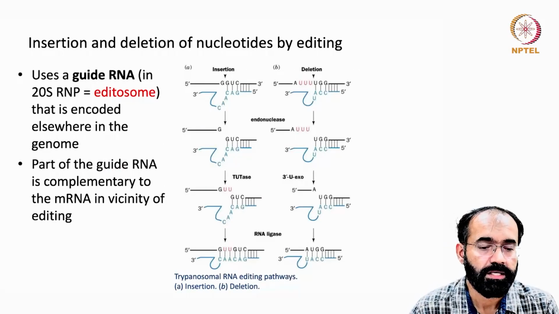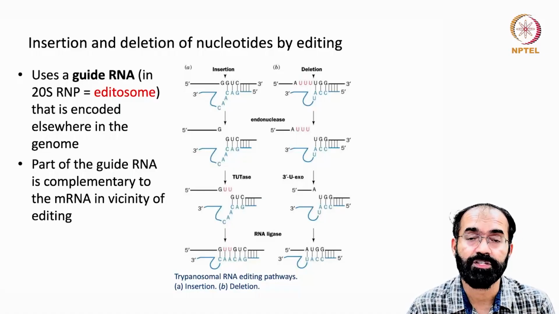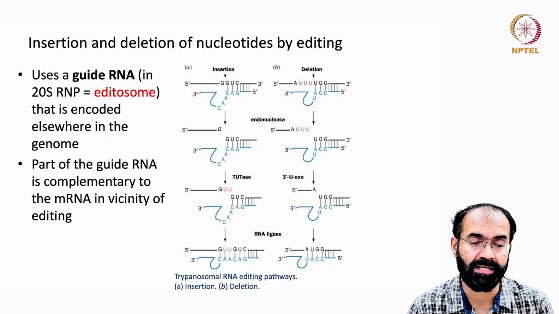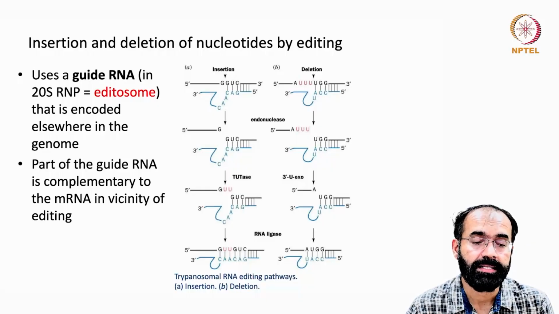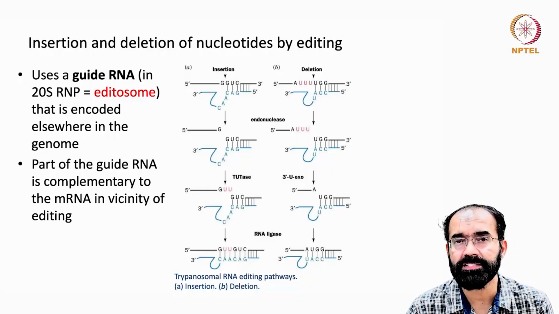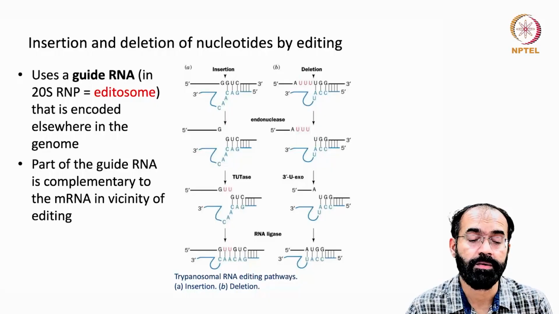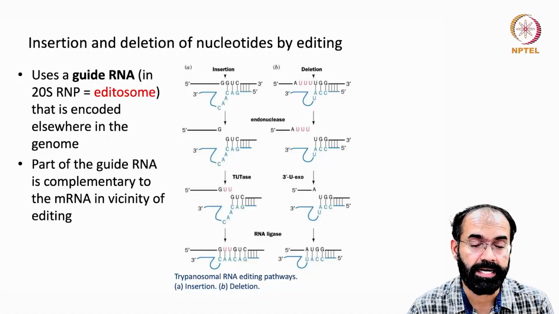So insertion and deletion of nucleotides by editing: how is it happening? We saw uridine can participate in the insertion or deletion. Let us have a quick look. The guide RNA is in the 20S RNP. RNP stands for ribonucleoprotein, and 20S stands for the Svedberg unit, which is 20S in size, and we call it the editosome.